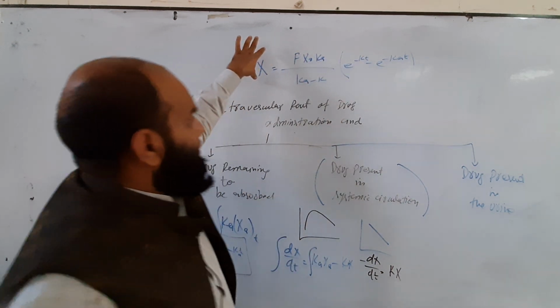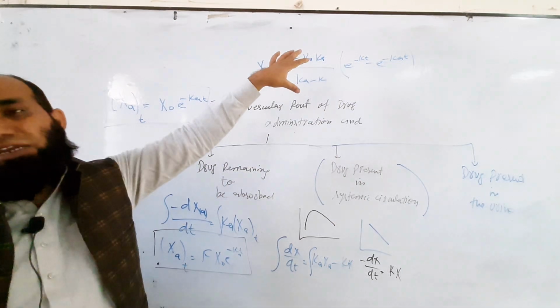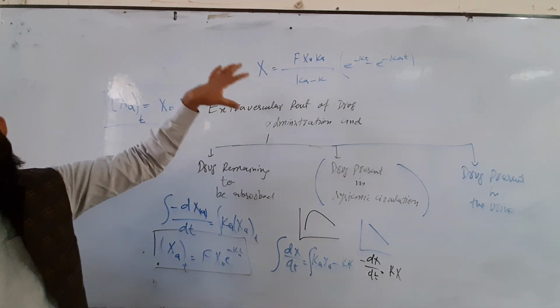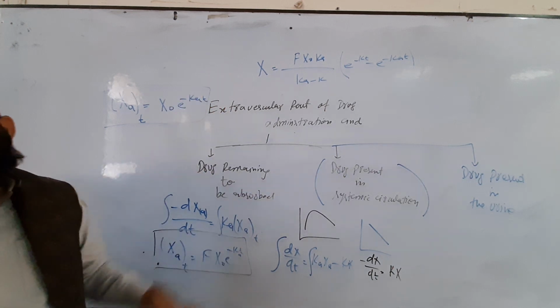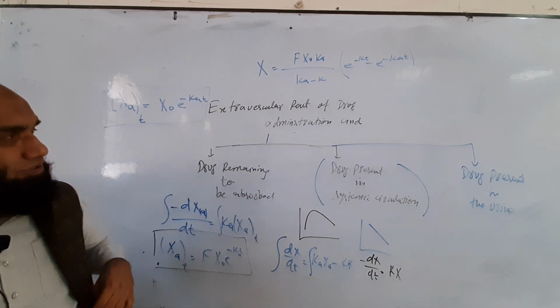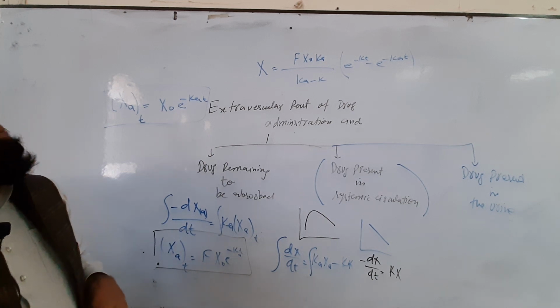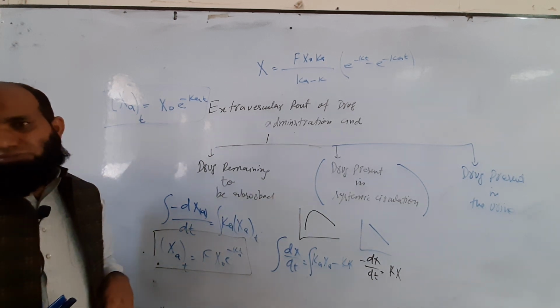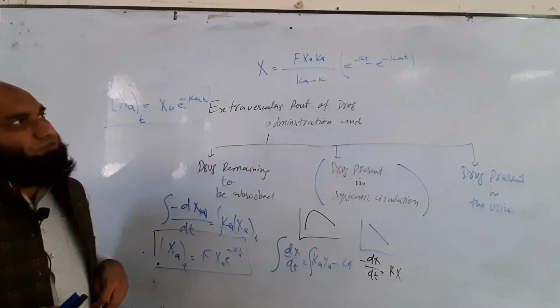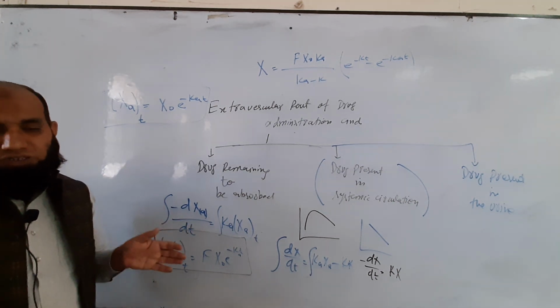We can calculate the amount of drug at any time if we have the absorption rate constant, elimination rate constant, and the fraction of drug getting absorbed. So if we assume that this F is 1, meaning 100% of the drug is absorbed, now our formula will get some changes.